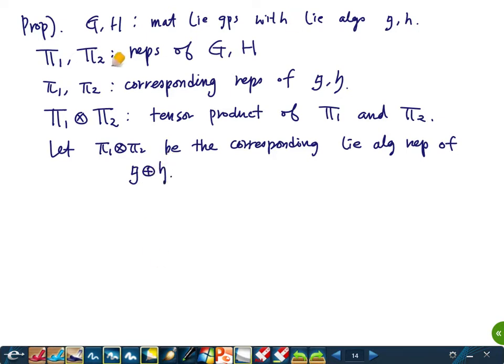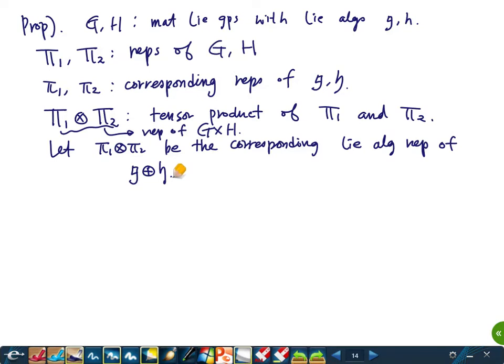This thing is a representation of G times H. So if you have a representation of G times H, then the corresponding Lie algebra is like this. So we will get a corresponding Lie algebra representation of this. And how does it look?